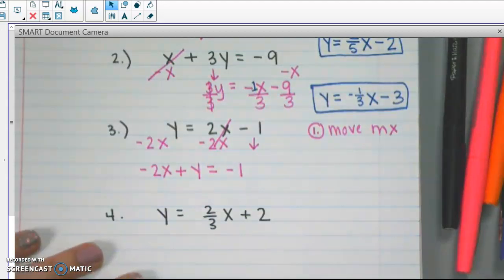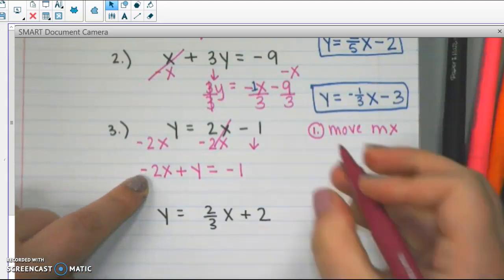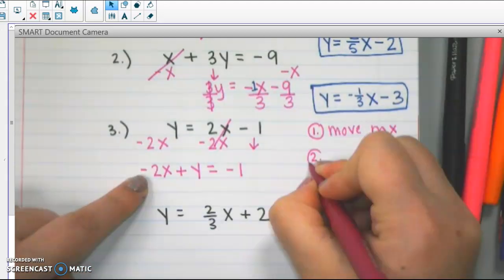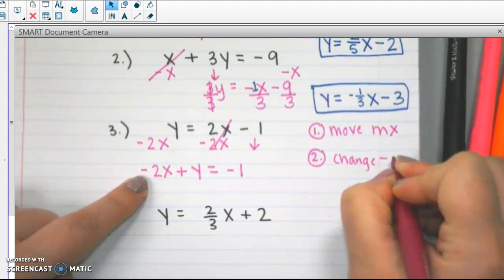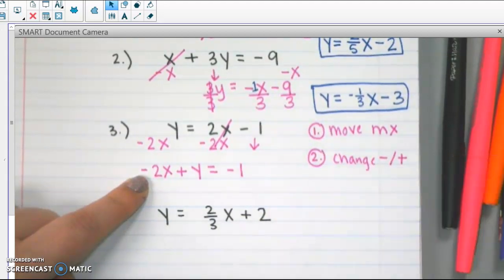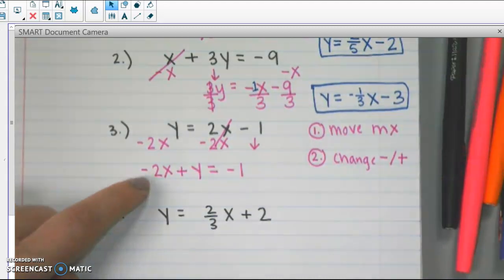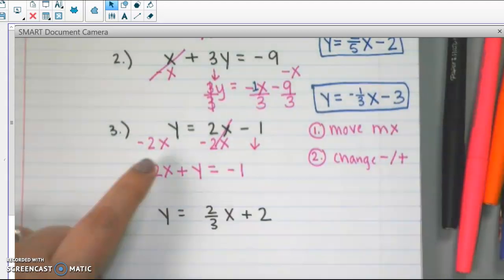All right, and it's a silly little rule, but in standard form, your x is not supposed to be negative. So for this one, step 2, I need to change all the negative signs and positive signs. If I have to change this to a positive, that means I have to change every other sign.